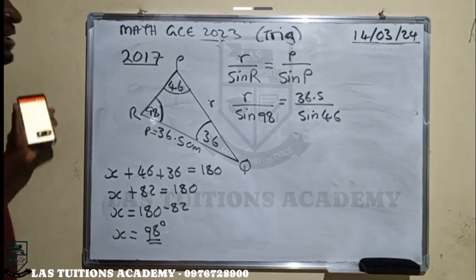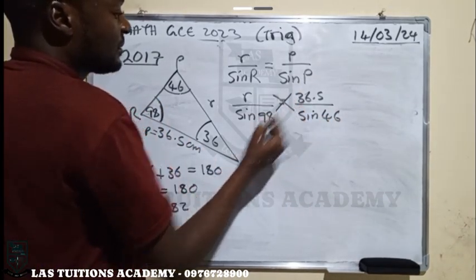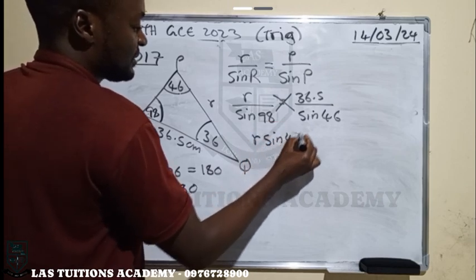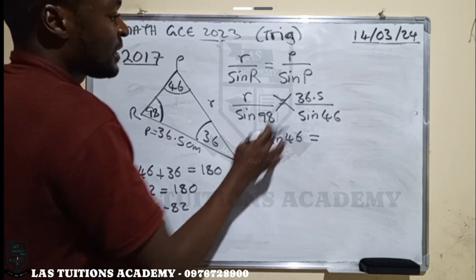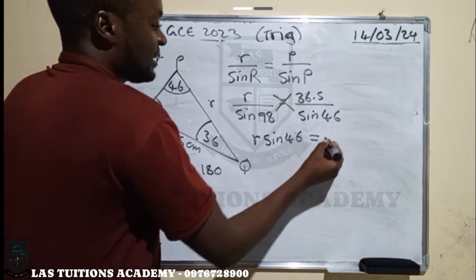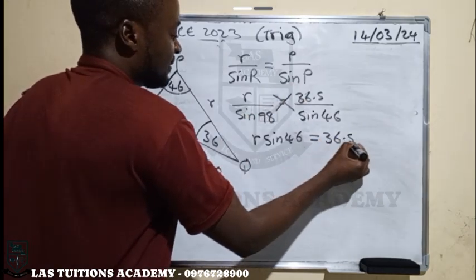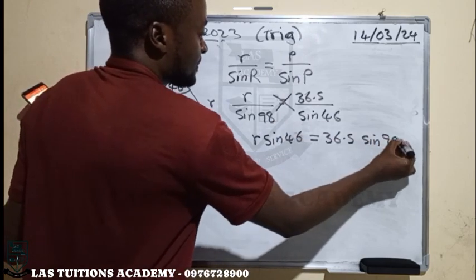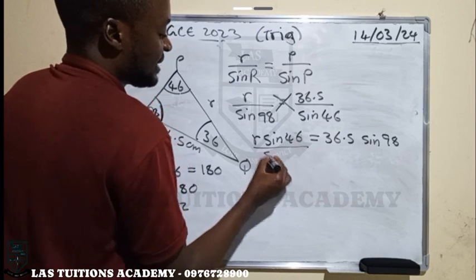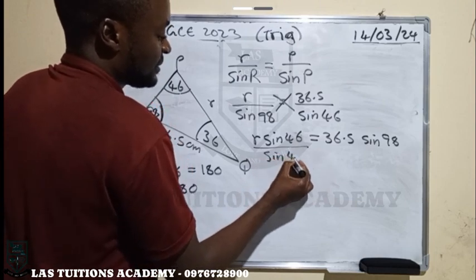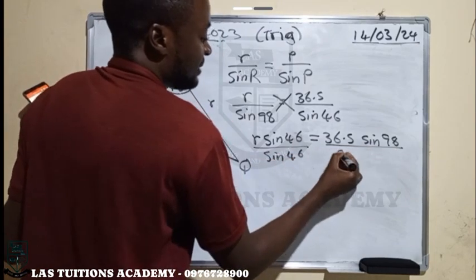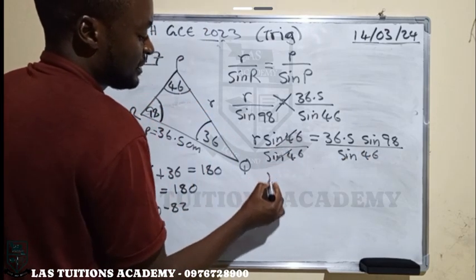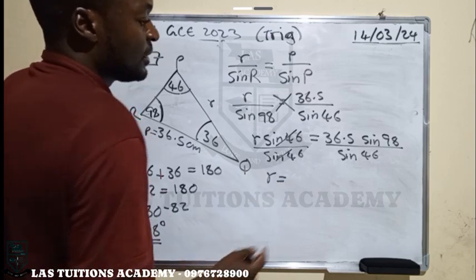At this point we cross multiply, so r sine 46 is equal to 36.5 times sine 98. So we divide this side by sine 46, divide this side by sine 46, so that cancels. Our r is equal to, so you can try to work out that one.